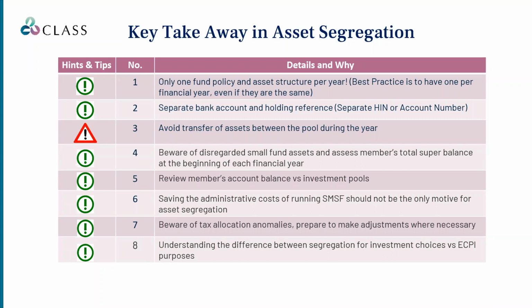But obviously, if you have a separate bank account, like what I demoed in the case study, it's probably the best practice. But I cannot stress enough the importance of separate HIN numbers or account numbers for different portfolios. This way, when they buy more shares, we automatically create the right portfolio without you shifting assets between different pools.